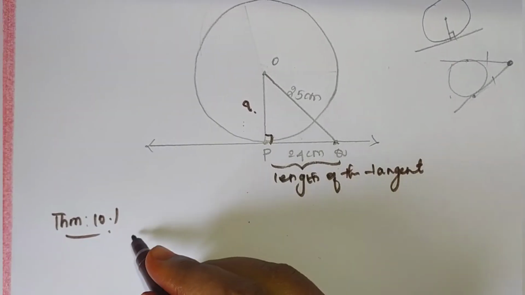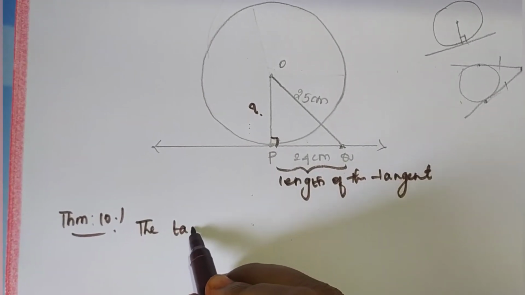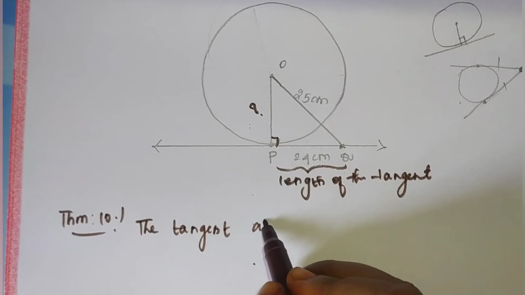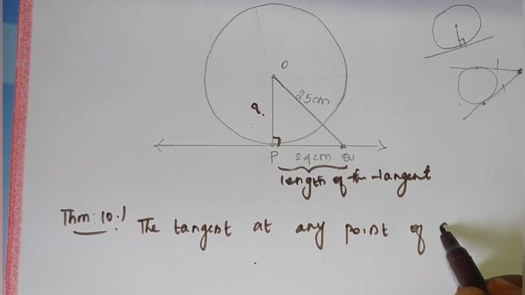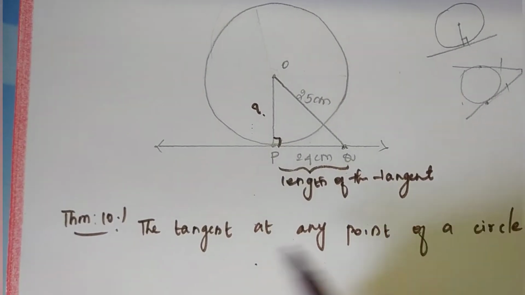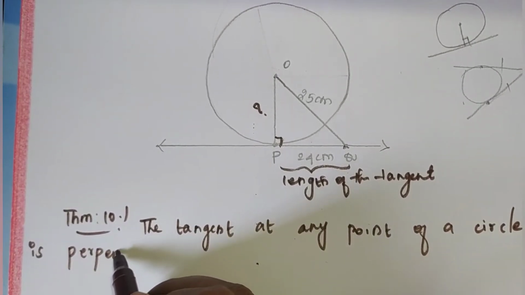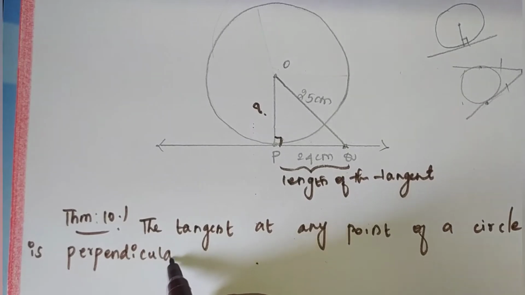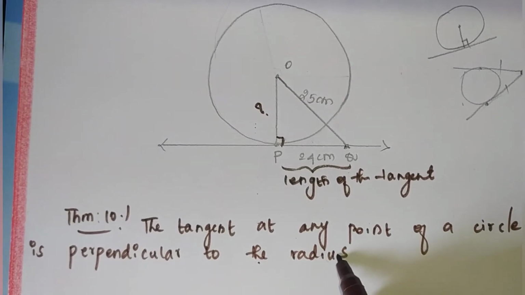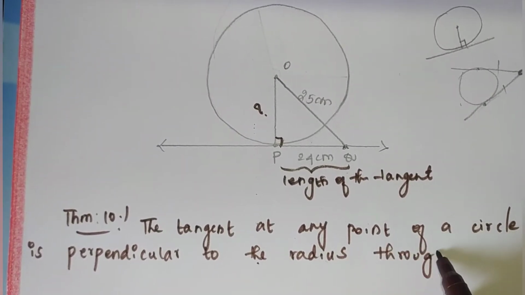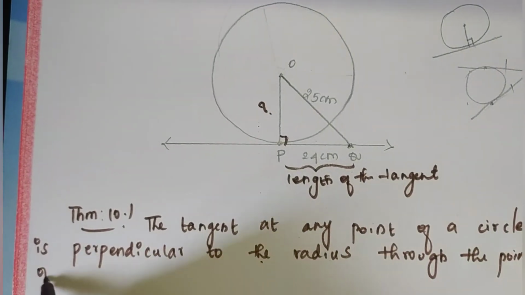By theorem 10.1, the tangent at any point of a circle is perpendicular to the radius through the point of contact.